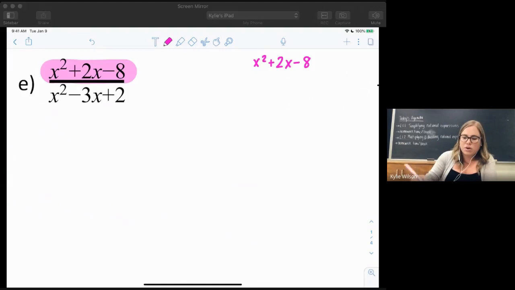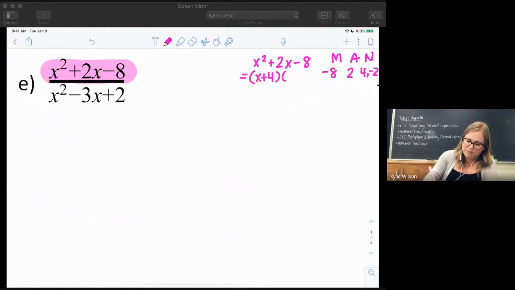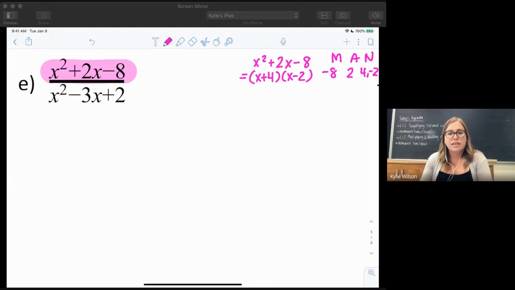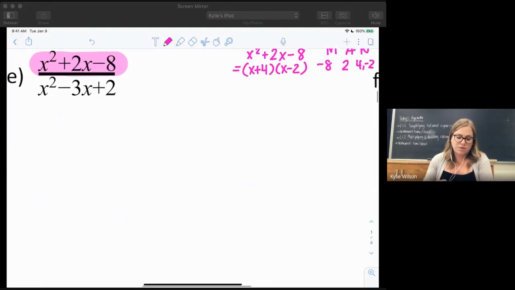So our little chart: two numbers that multiply to negative 8 and add to 2 are going to be 4 and negative 2. So this factors to x plus 4, x minus 2. If you are having a tough time with the factoring, I highly recommend that you keep practicing that and email me if you have questions.